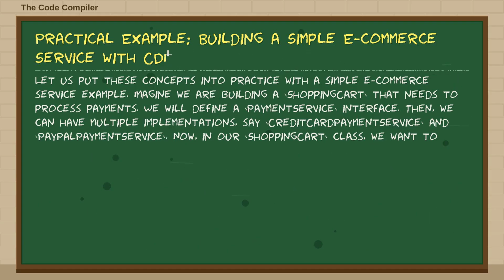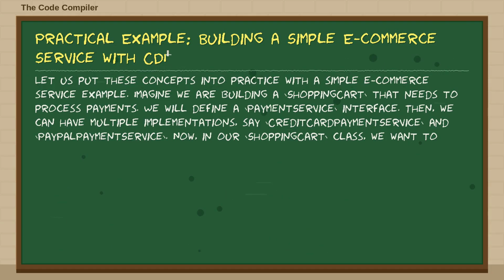This is where @Qualifier shines. We will define custom qualifiers, for example, @CreditCard and @PayPal. We annotate each payment service implementation with its respective qualifier. Then, in the shopping cart, we use @Inject along with the desired qualifier, for example, @Inject @CreditCard payment service.